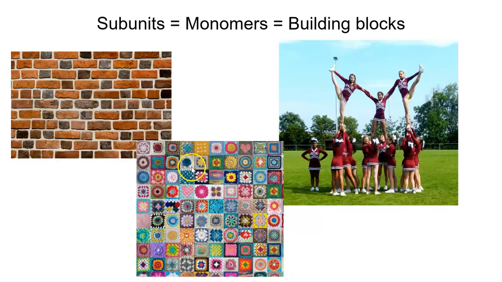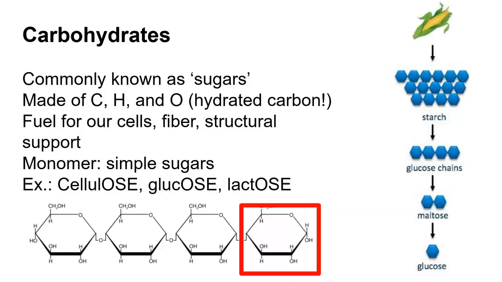This is a blanket and it's made up of yarn and these individual squares. The qualities of the larger blanket are very different from the brick wall. Here's a human pyramid. The monomers here would be the individual cheerleaders. So monomer is a very important term here.